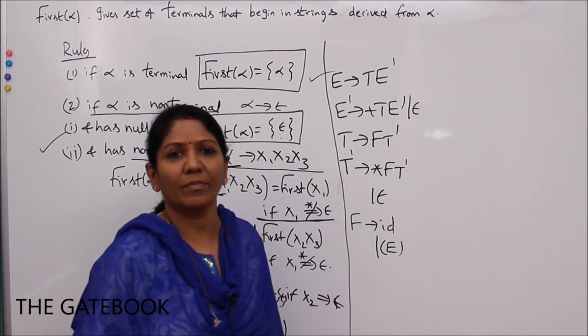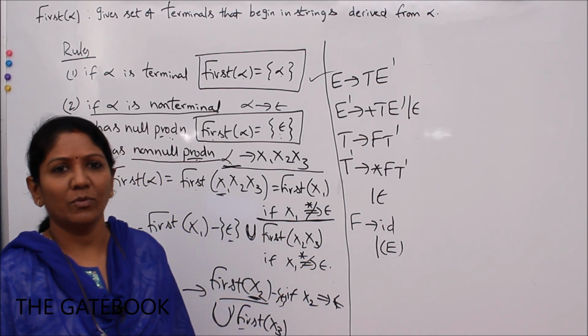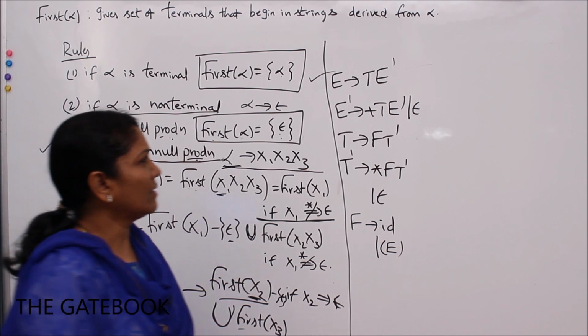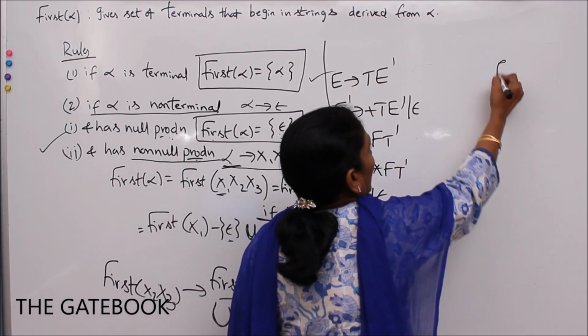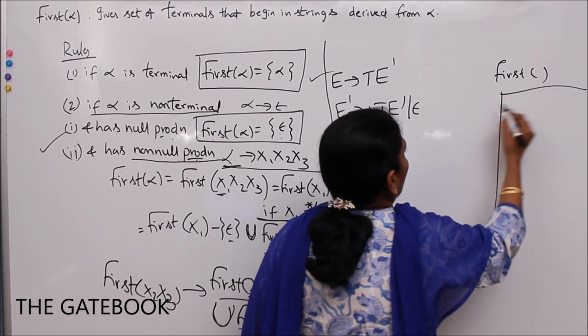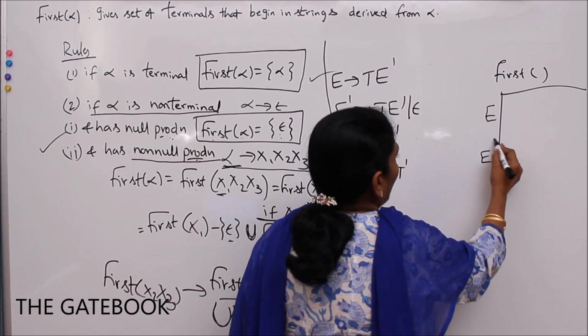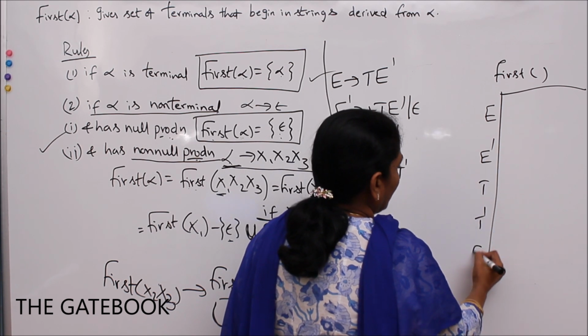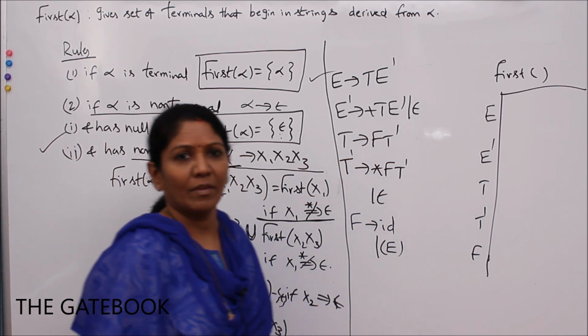This is the grammar. Now let us find first of each non-terminal: E, E dash, T, T dash and F.